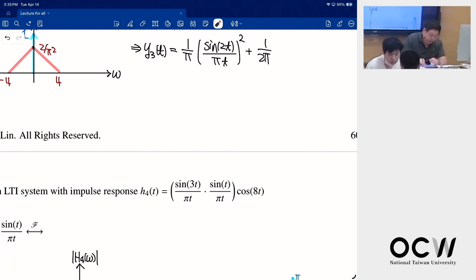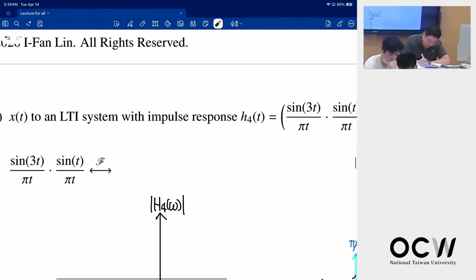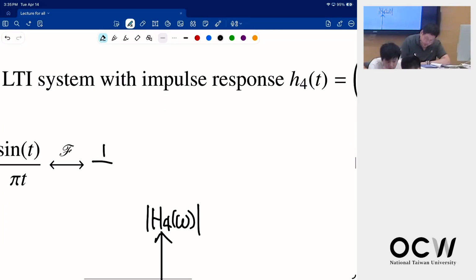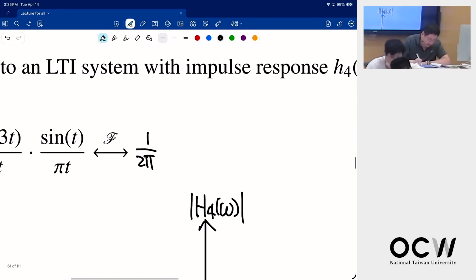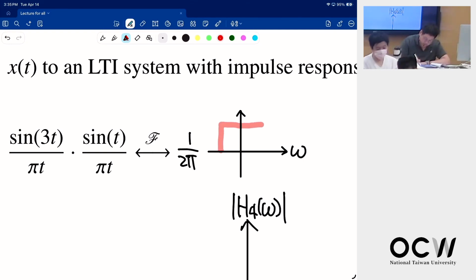Okay. So these two in time domain, doing the multiplication, in frequency domain, I have 1 over 2 pi. So the first rectangular pulse, that's from -3 to 3. So here, from -3 to 3. And the magnitude is 1.